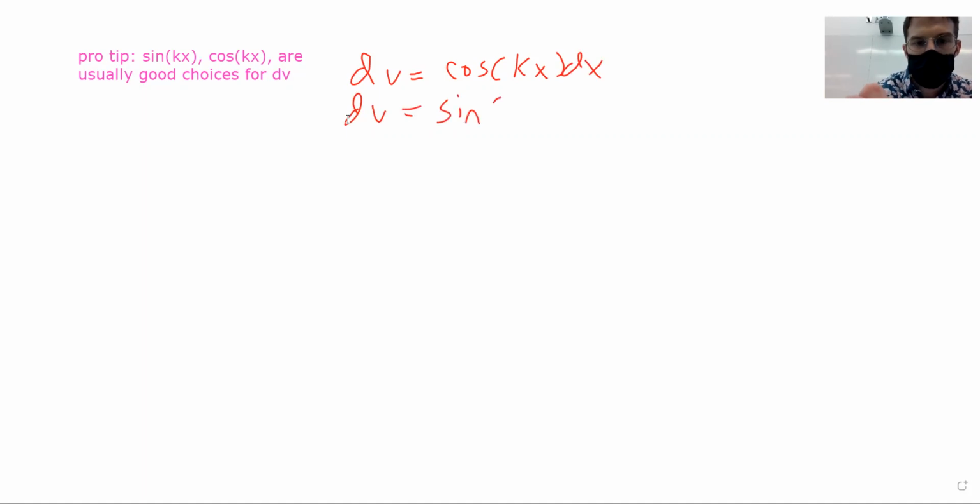Now, word to the wise, pro tip. Sine of kx and cosine of kx are usually good choices for dv. So if presented with a problem like the one we just saw, you'd want to take dv equals cosine of some multiple of x, or dv equals sine of some multiple of x.